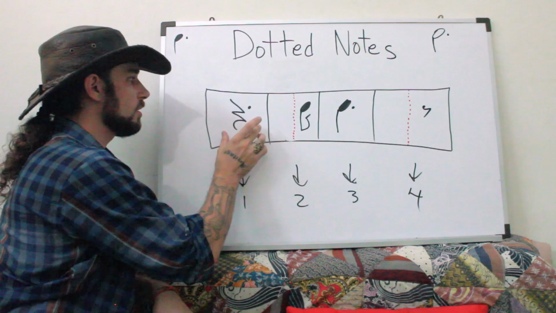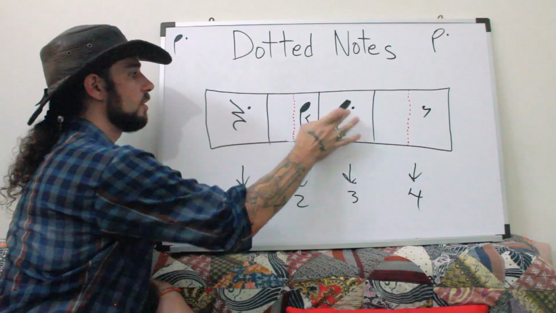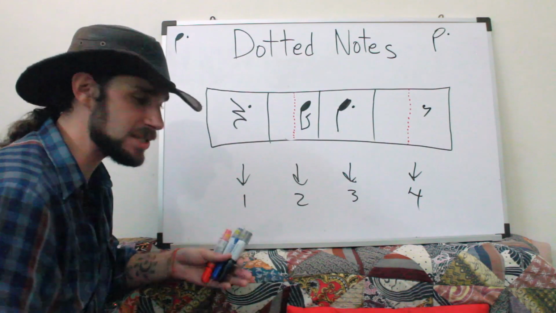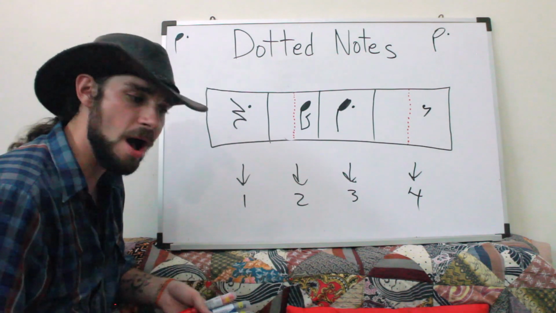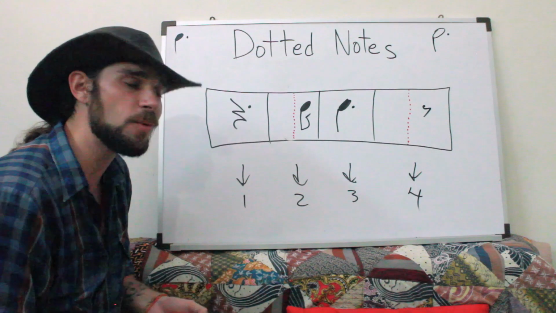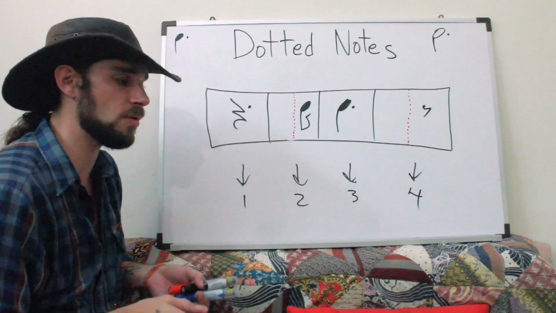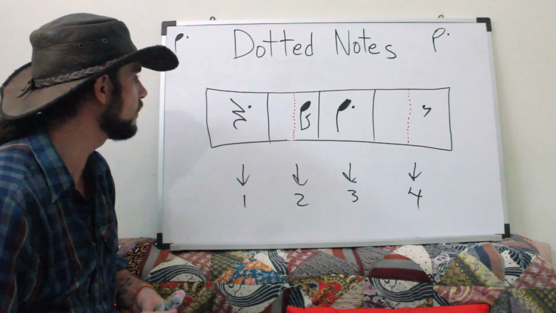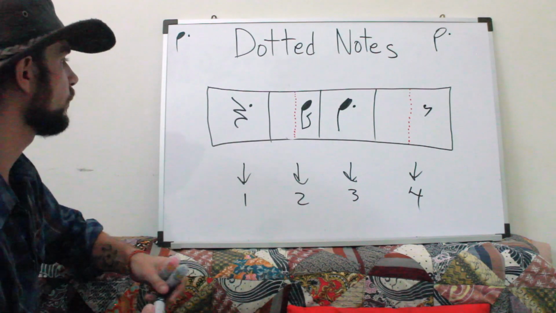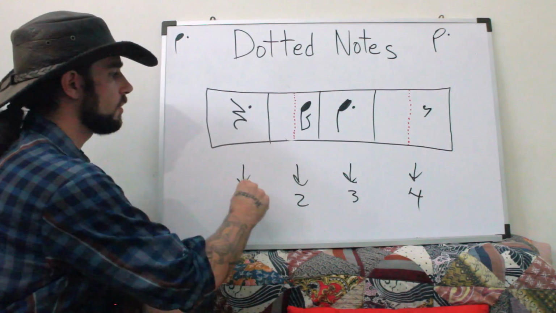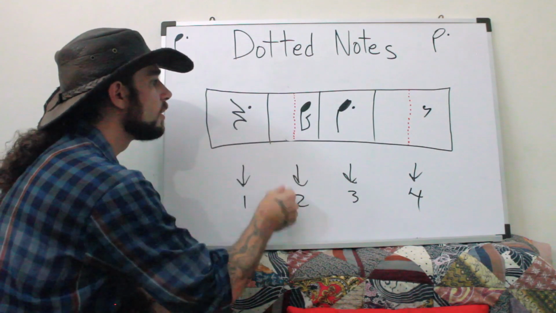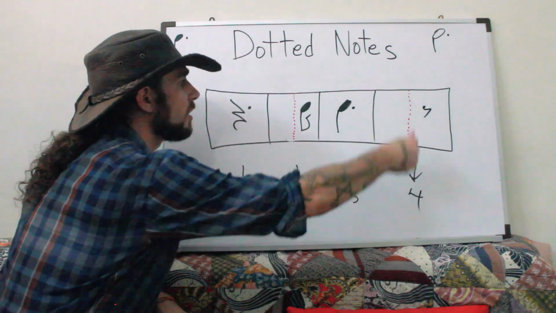So you can see that once you start dotting notes and dotting rests, it starts expanding, and you start having a lot more options, and you can't get away without learning or using dotted notes. This is just common stuff when it comes to reading and writing music. So here we would have 1, 2, 3, 4. Yes. Da da.